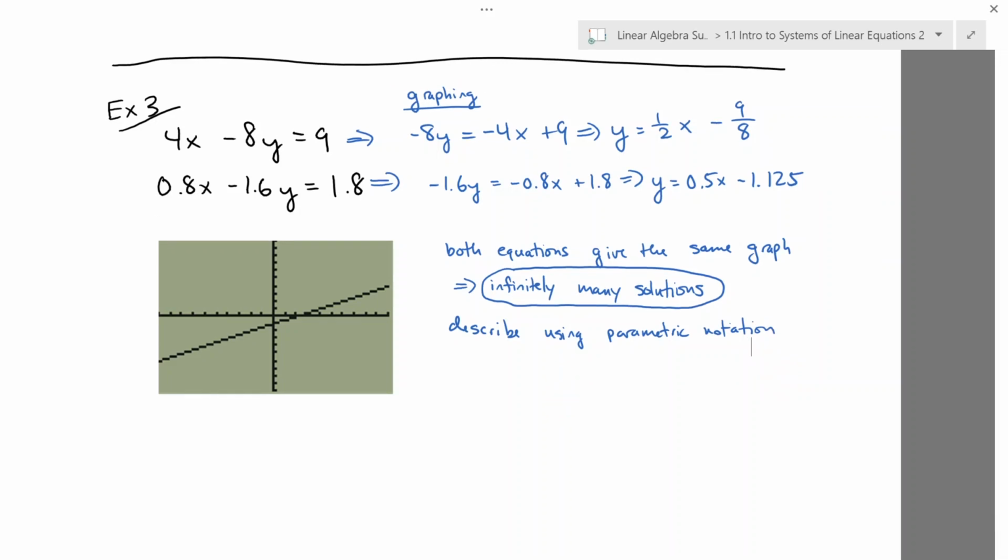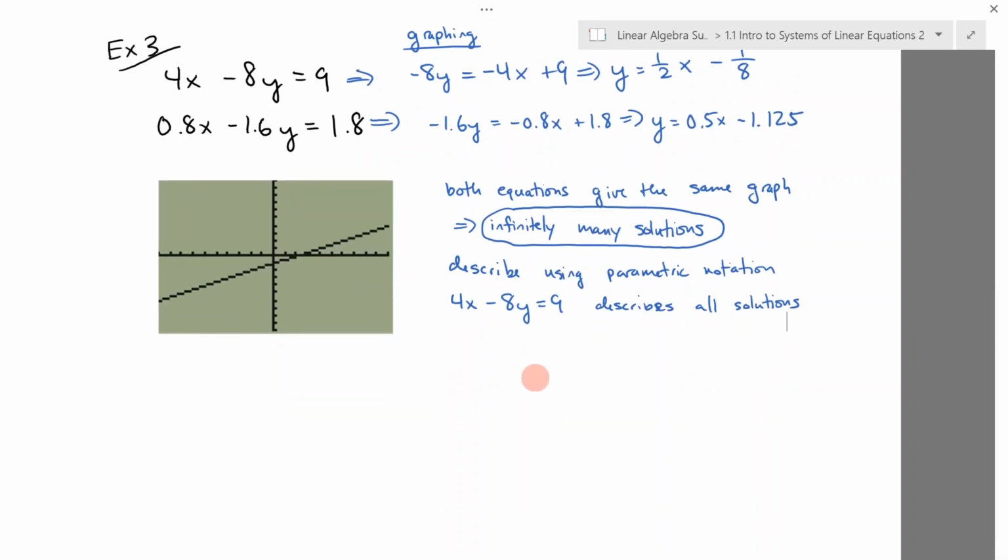Again, because they're both the same line, the entire line is the solution, right? So 4x minus 8y is equal to 9 describes all solutions.